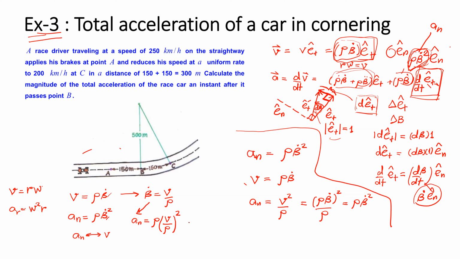And it equals v square per rho. For the normal acceleration at any time, it can be written in the terms of the angular velocity, beta dot. Also, it can be written in the terms of the speed divided by the radius of curvature.